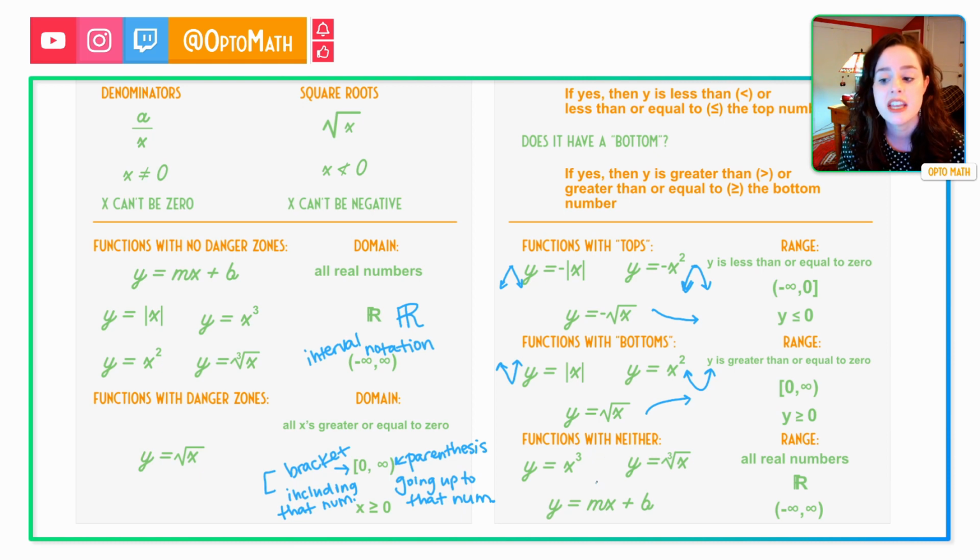And functions with neither that we've discussed so far for our function families. Y is x cubed. So we're looking like this shape. So there is no restriction for your y's. It doesn't have a top or a bottom.